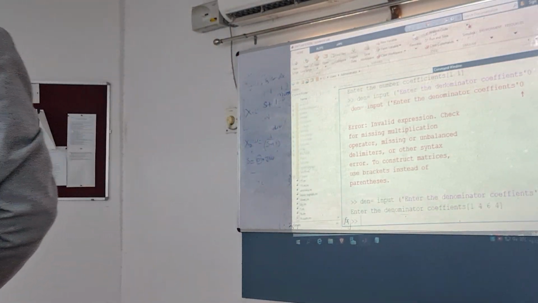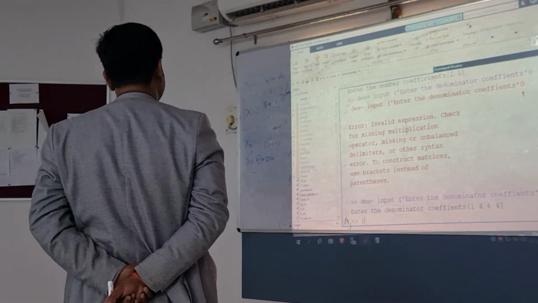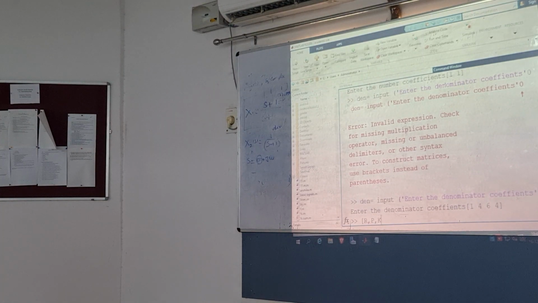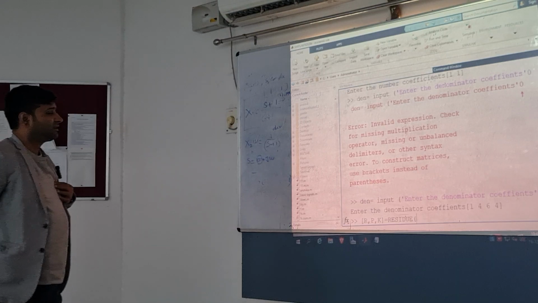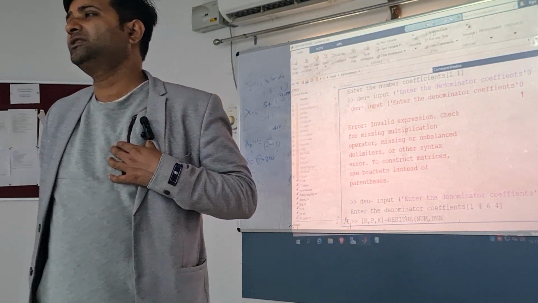Then write the RPK. This is the poles, zeros, locations can be found by the partial fraction expansion method. You have written the residue. Residue is the method.